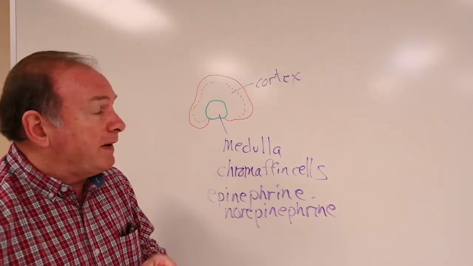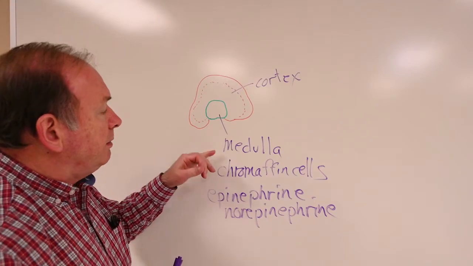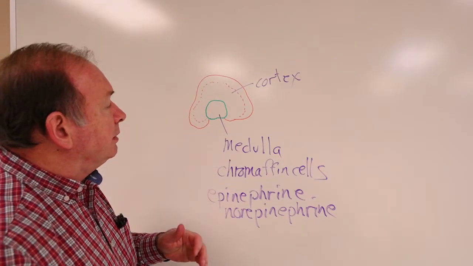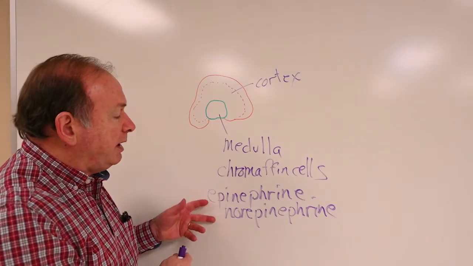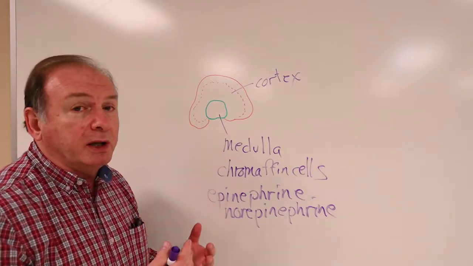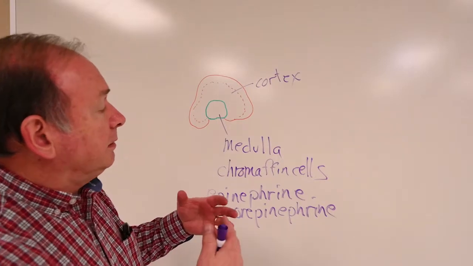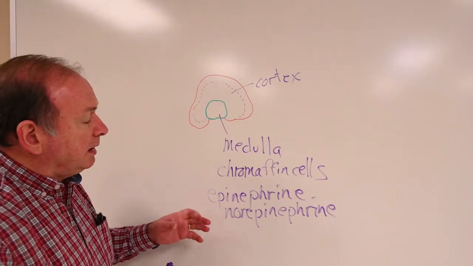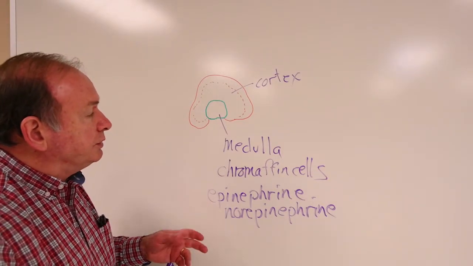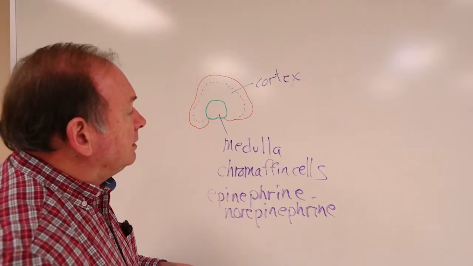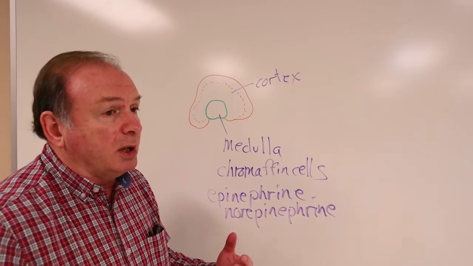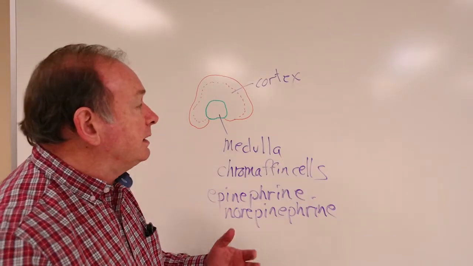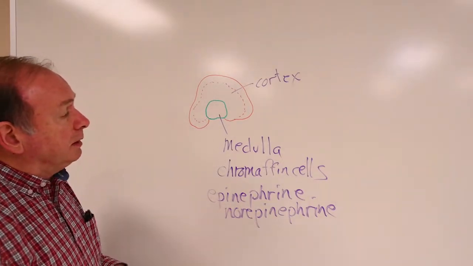Your sympathetic nerve fibers reach into the medulla of your adrenal gland, and when they stimulate those cells, they release those chemicals, epinephrine and norepinephrine, into the bloodstream. So there's an increase in those hormones in response to some kind of strong stimulus of fear, anger, that kind of thing.